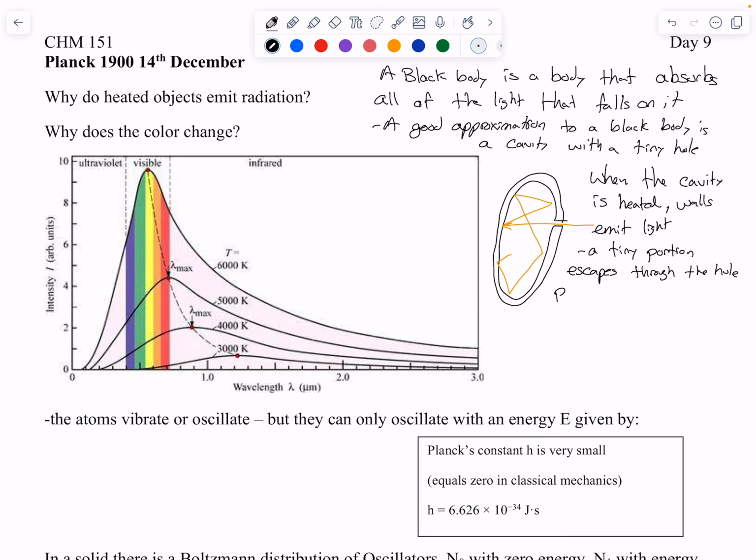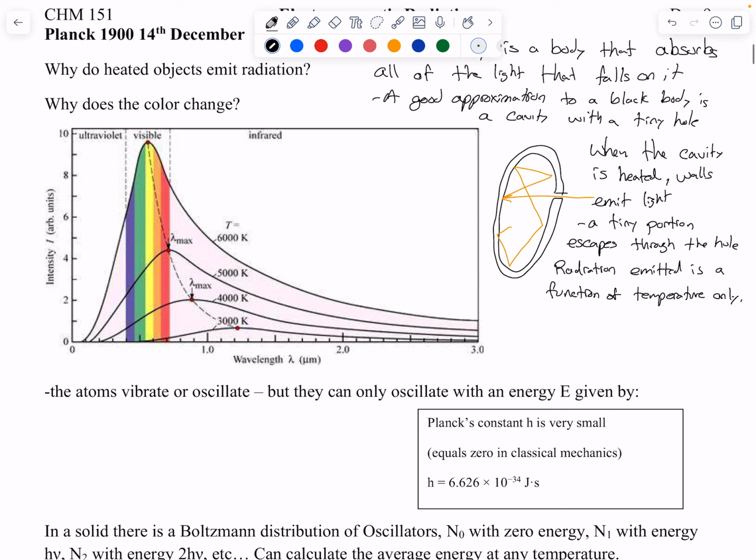And then the radiation or light emitted is a function of temperature only.